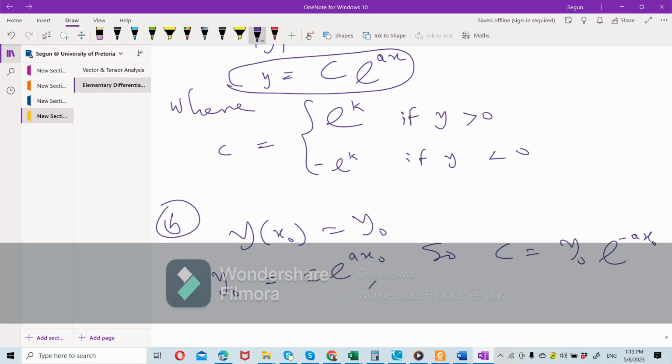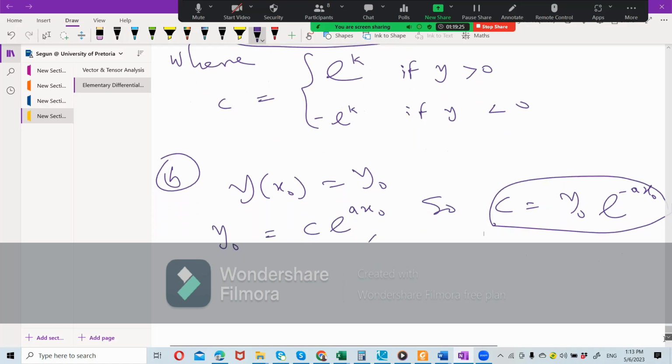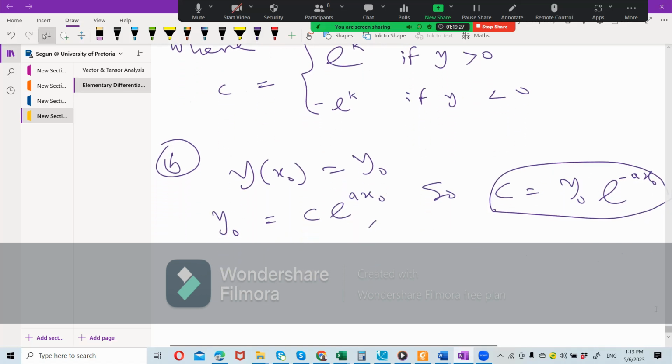So if we have this, we can now substitute our c back into the equation. If I substitute c into this, I know c is equals to this based on my analysis. Then what will happen to my y if my c is equals to what I circled?